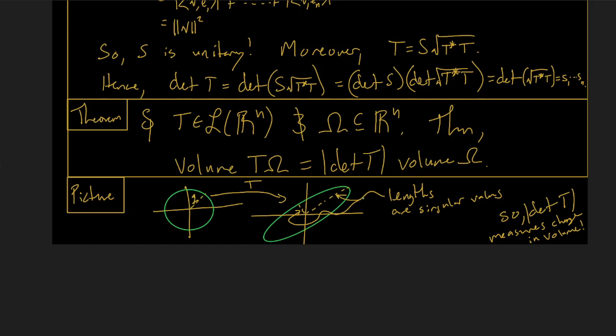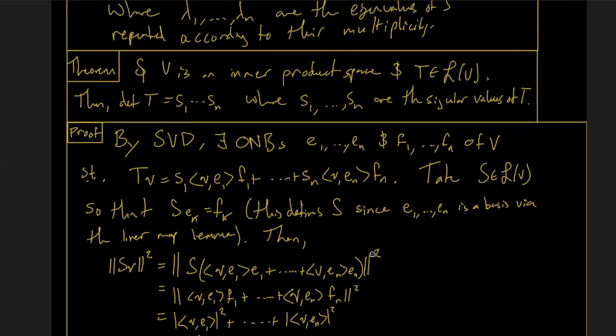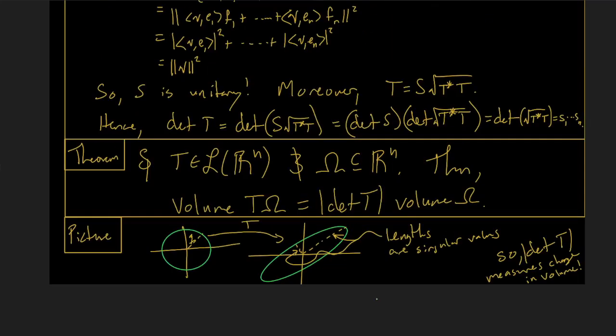The lengths of the axes are just the singular values, and the determinant is the product of the singular values. So we're taking a product of lengths here. It's pretty reasonable to say, hey, look, the product of these lengths tells us volume. Pretty nice.